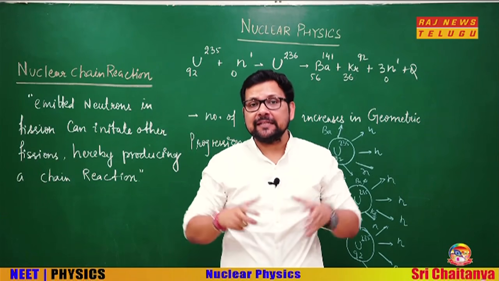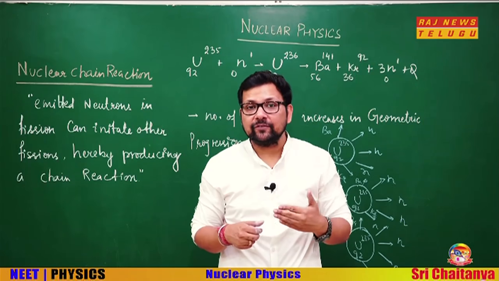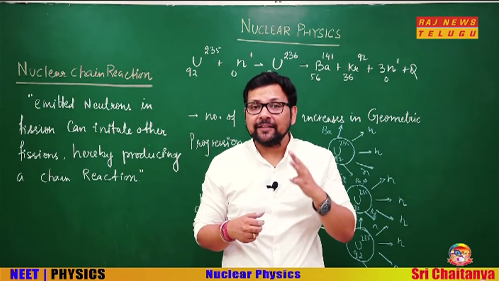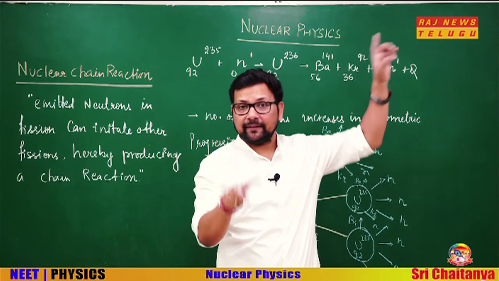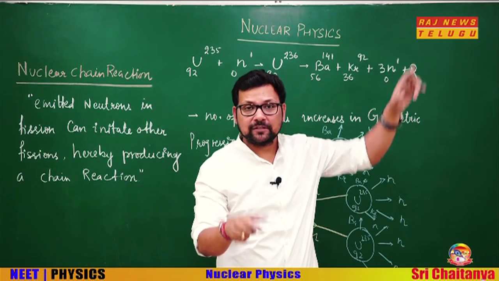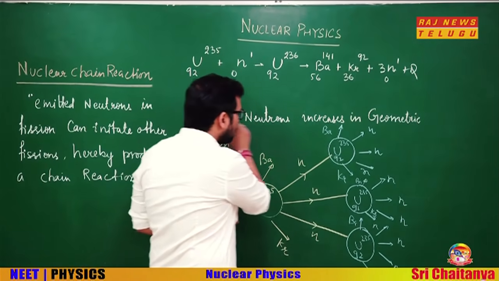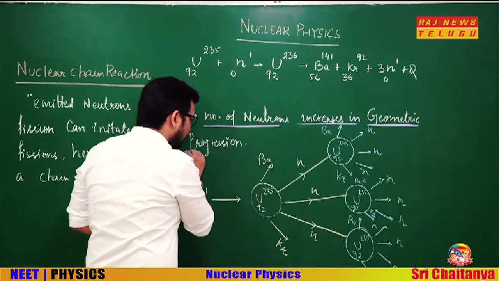And simultaneously all these 3 U-235 will give 3, 3 and 3, 9 neutrons. Then those 9 again give 27 neutrons. What is happening here? The number of neutrons increases in geometric progression.